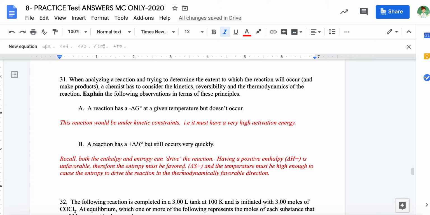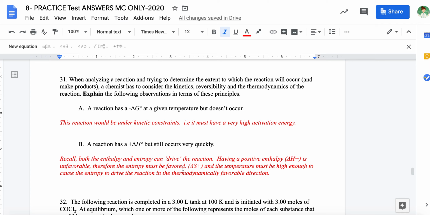Maybe it's going to be delta G negative, but only at high temperatures, okay? So remember, that would be a situation where the entropy is favorable, but the enthalpy is not favorable. The reaction's endothermic, but the entropy is going up. That would only happen if you have a high temperature. And from a kinetic standpoint, that would be related to its activation energy.